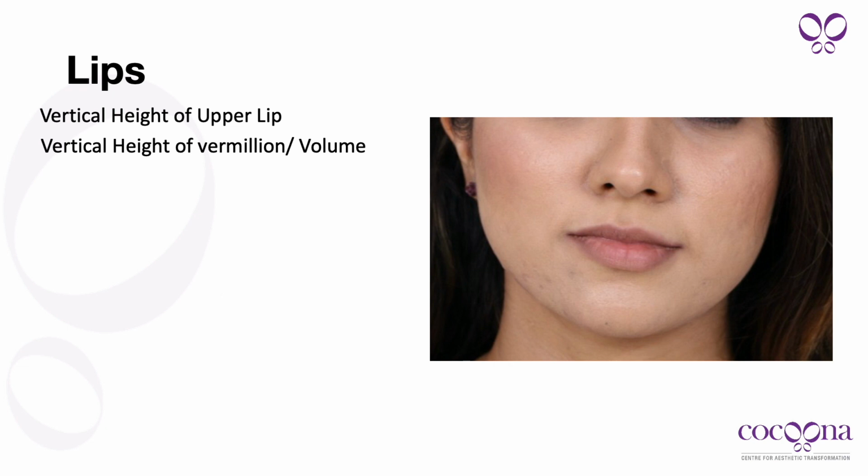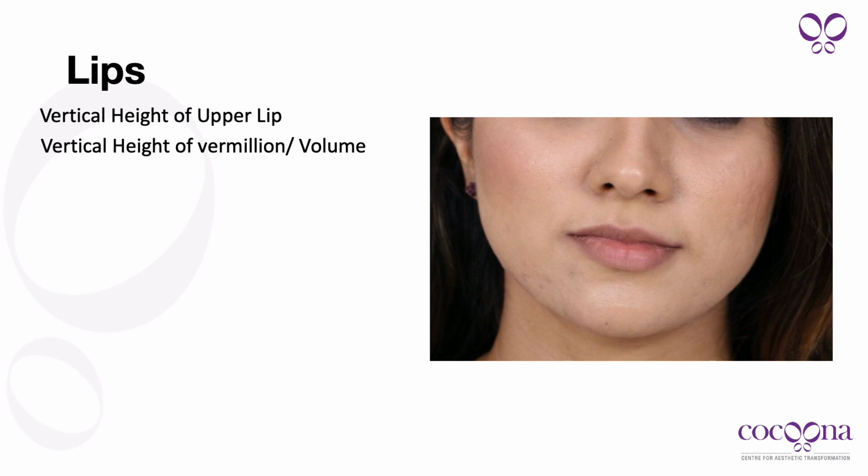When you quickly analyze, you see a lot of asymmetry, but if you closely analyze, you will see the vertical height of the upper lip on this side is longer as compared to this side. The vertical height of the vermilion is shorter here as compared to this side. If you draw a vertical line here, you will see that this lower lip has a longer vermilion than this side of the lower lip.